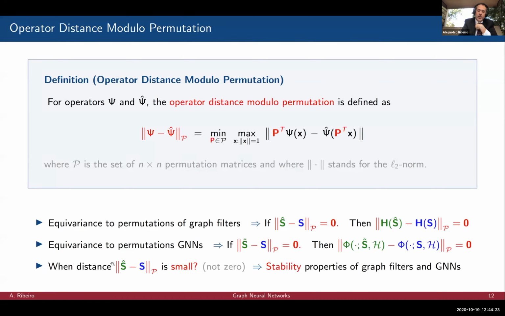What we want to prove is that if this distance is small, then these two distances are also small. What we will prove concretely is that this is not necessarily true, but that this is true. So that's the 1 minute summary of the next 40 minutes of this conversation.